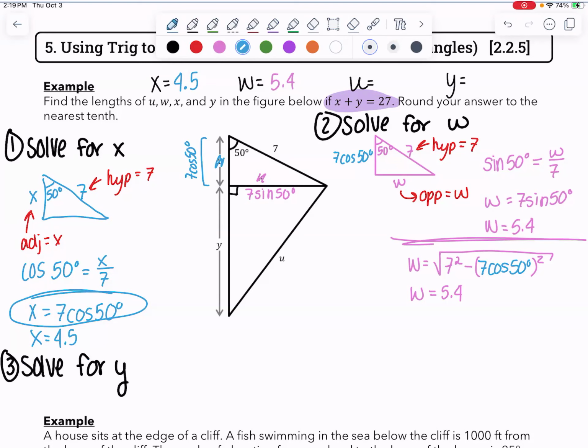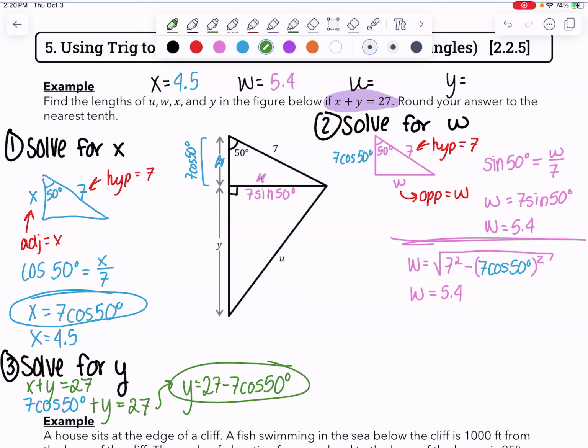So to solve for Y, if we know X plus Y equals 27, and we found X is 7 cosine of 50 degrees, so 7 cosine of 50 degrees plus Y is equal to 27. If you do a little algebra, you'll get Y is equal to 27 minus 7 cosine of 50 degrees.